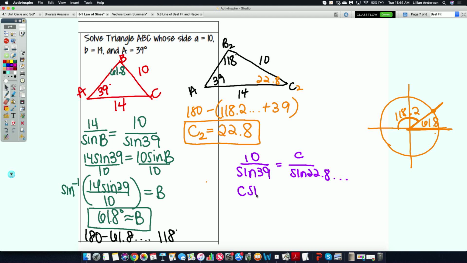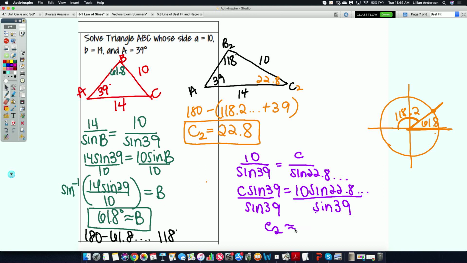So I'm going to cross multiply, and then divide both sides to find side C in my second triangle. So 10 sine of the 22.7 something number divided by the sine of 39 is what?